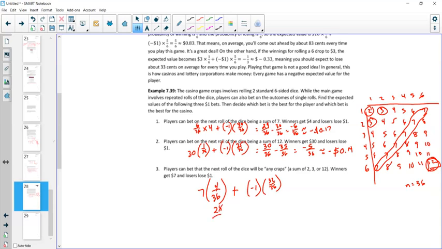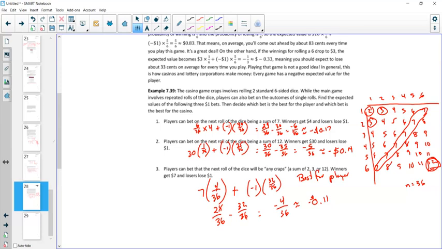You get 28 over 36 minus 32 over 36, -4 over 36, which is approximately -0.11 or 11 cents. So this is best for the player.